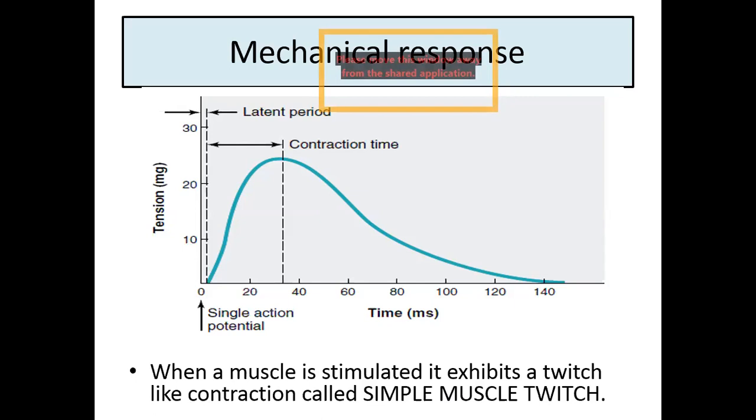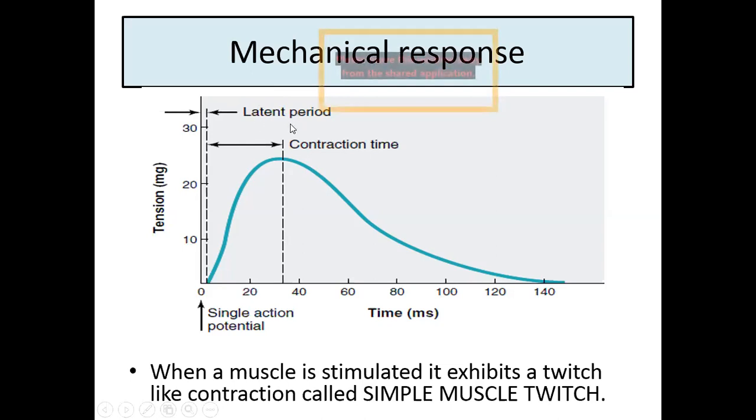Okay, the graph which is obtained here is called the simple muscle curve, where the x-axis is the time in milliseconds, and the y-axis is the tension generated in the muscle, and it is expressed in milligrams. Now, if you observe the graph, we can see different periods or time durations.